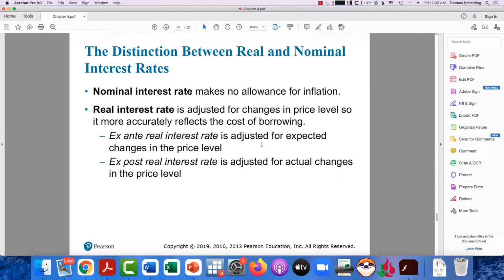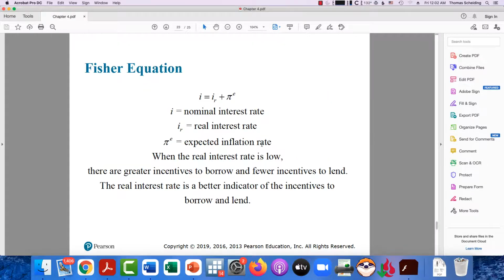And that's going to give us a sense of the real interest rate. It's generally going to be lower than the nominal interest rate because in general we do have inflation. And you see that equation here with the Fisher equation, where the nominal interest rate, what's on the left-hand side of this equation, is equal to the real interest rate plus the expected inflation rate.